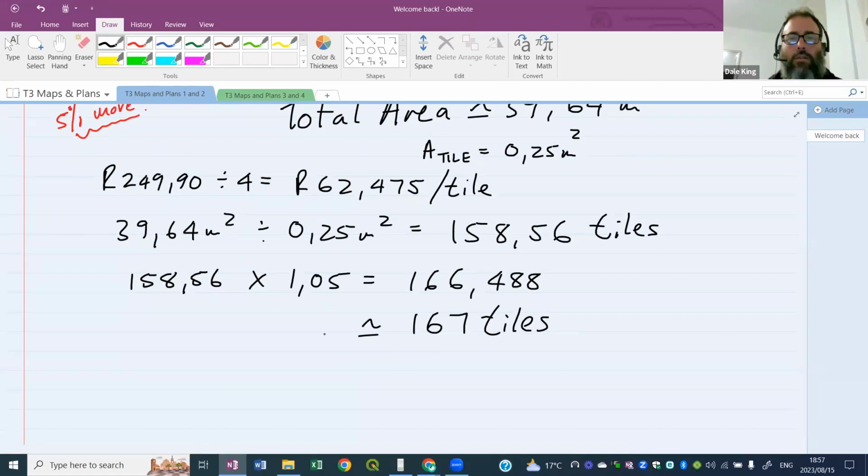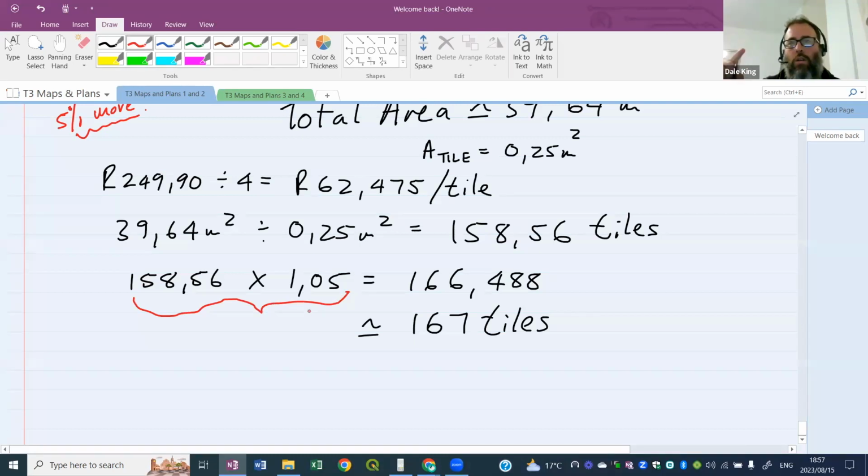Somebody. Anybody. Excuse me, sir. Yes. Can I please ask, how did you get the 1,05? Because I don't know the method. Okay. So this is a very short method to work out a value plus a percentage of that value added on.